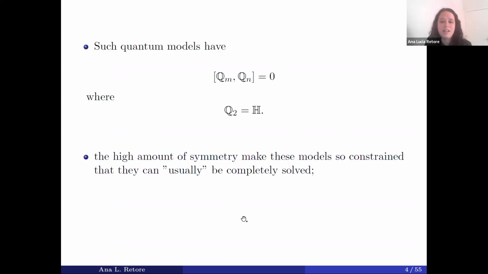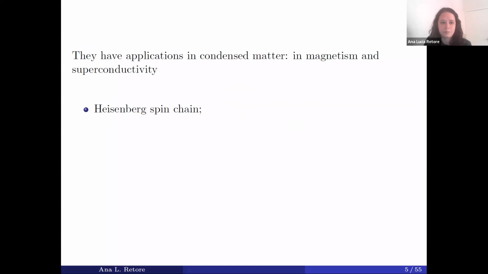But these models have so much symmetry that they are very constrained, so you can solve them. They can often be used as toy models to understand many things, because you can completely solve them. They have applications in condensed matter, for example, in magnetism and superconductivity. The Heisenberg spin chain is a toy model of magnetism, for example, and the Potts model and Hubbard model appear in superconductivity.